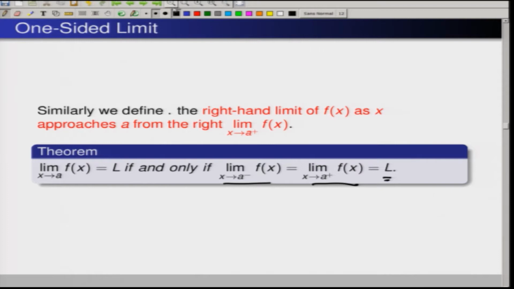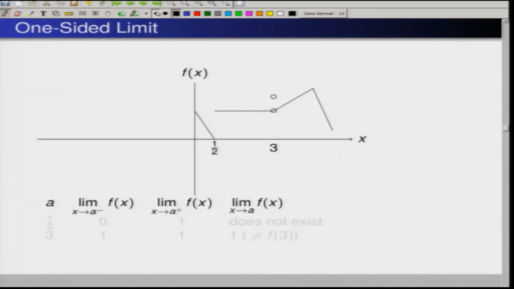Now, let us see this function, which is defined as follows. f of x takes the value 1 at half, 0, and it takes the value 1 on the interval 0 to 3.